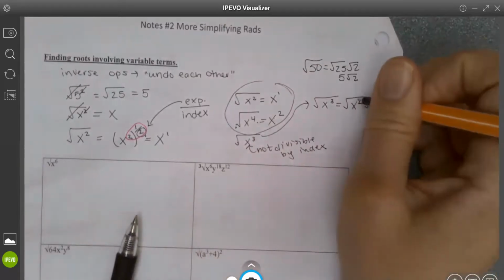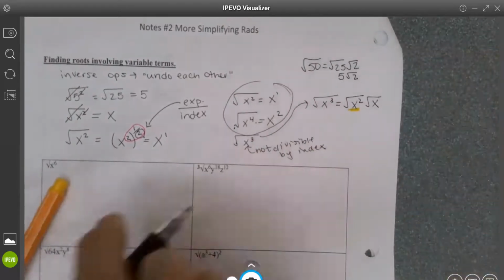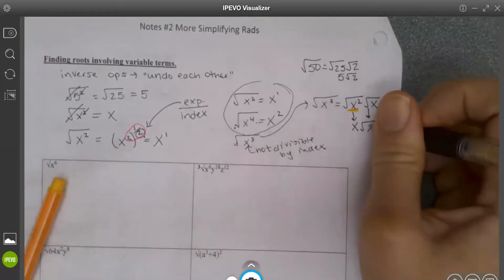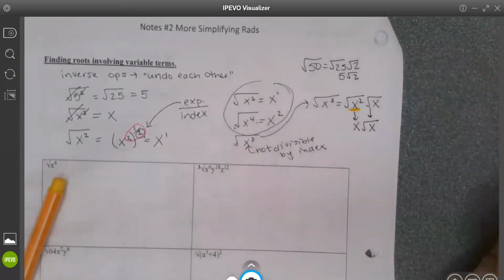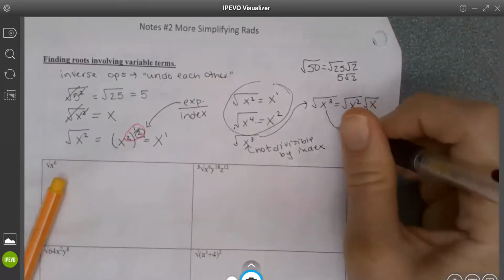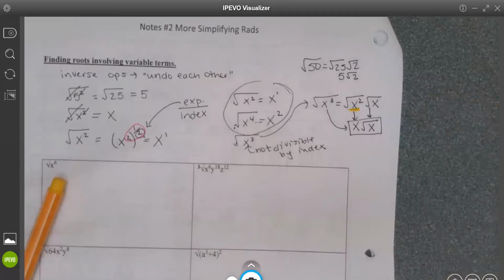And then I can take the square root of this, it's x, and I cannot evaluate just the square root of x to the 1st. And here's my simplified version of what I started with.